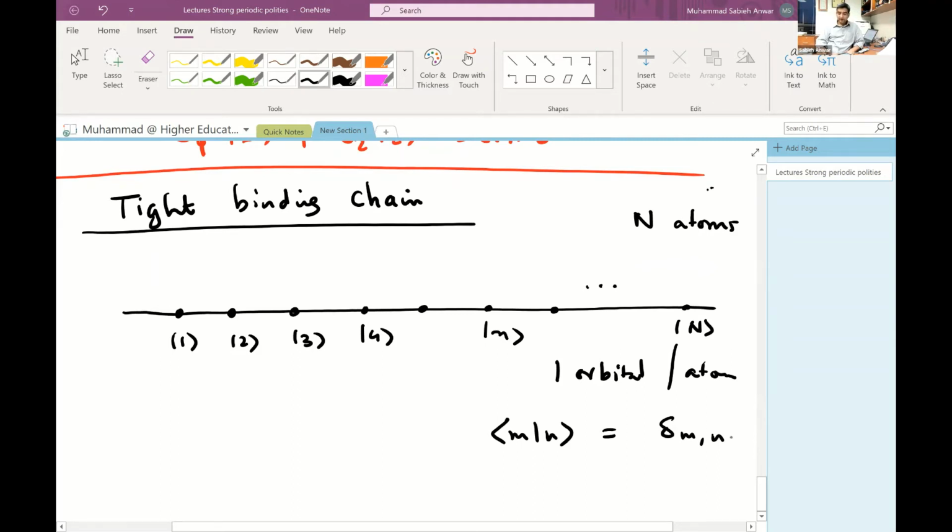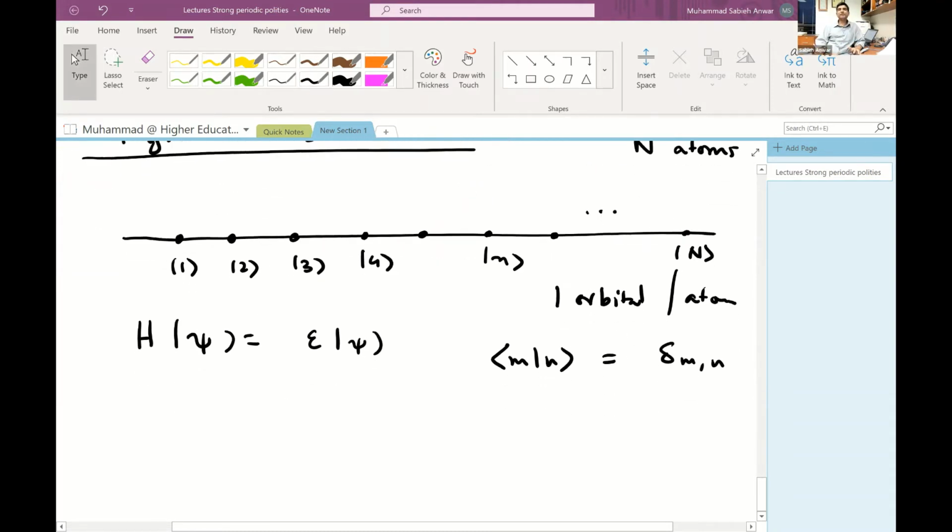So now I would like to take the same approach as I have followed for the molecule. And the approach is that, let me write down the time-independent Schrodinger equation. Here it is. And now instead of having a superposition of two orbitals, my arbitrary quantum state is going to be a superposition of all N atomic orbitals.